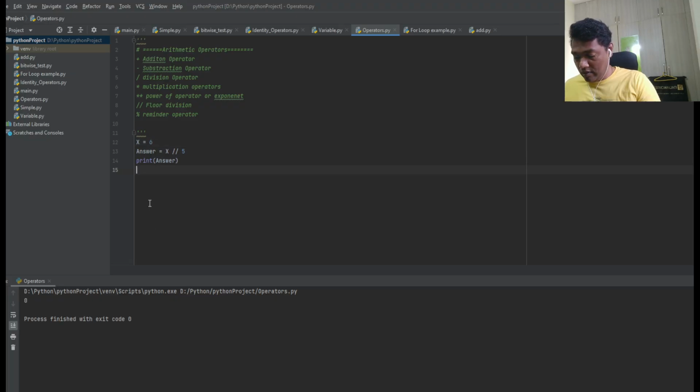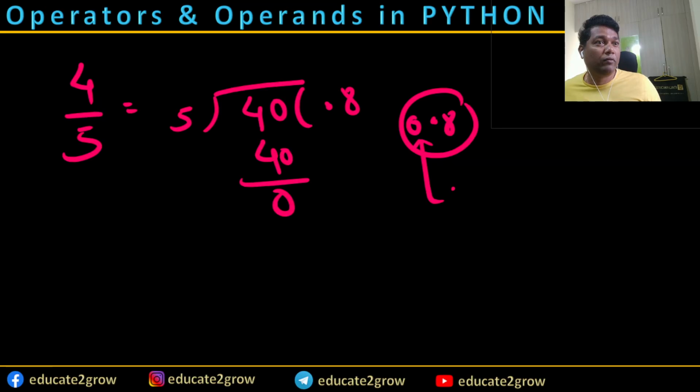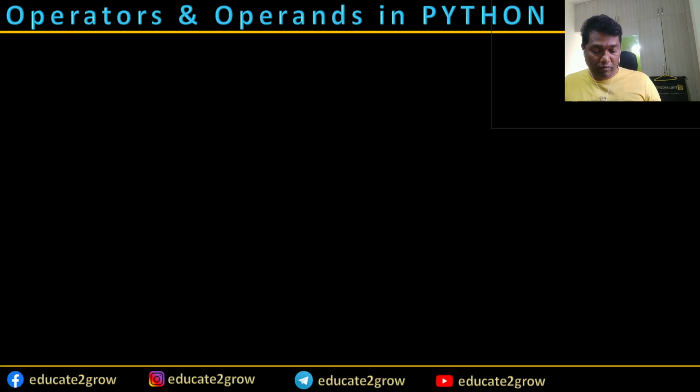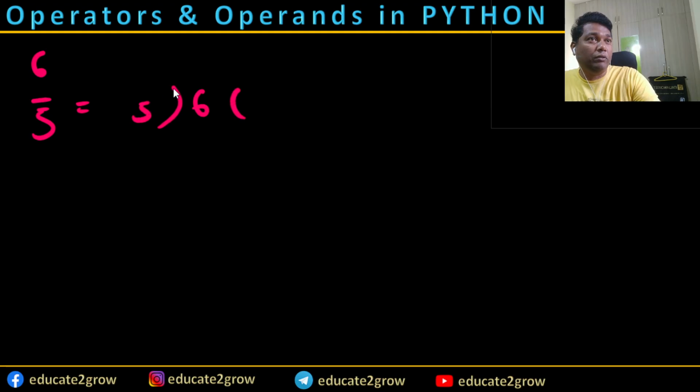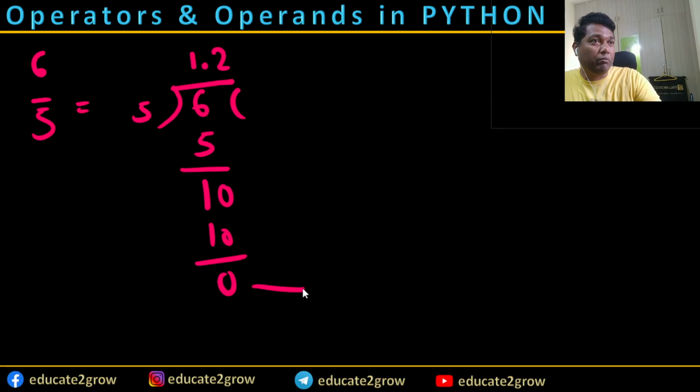Six. Let's calculate. This is 1. This is the floor division. With 6, we will get the answer only 1. You see here how exactly it works out. Six divided by 5: 6 is inside and 5 is the divisor. 5 ones are 5, so 1, then put a point 0, 5 twos are 10, so the remainder is 0.